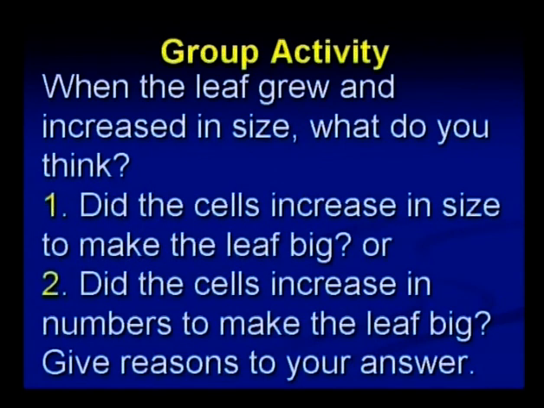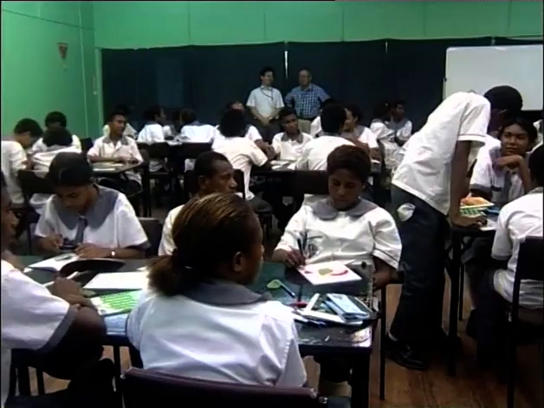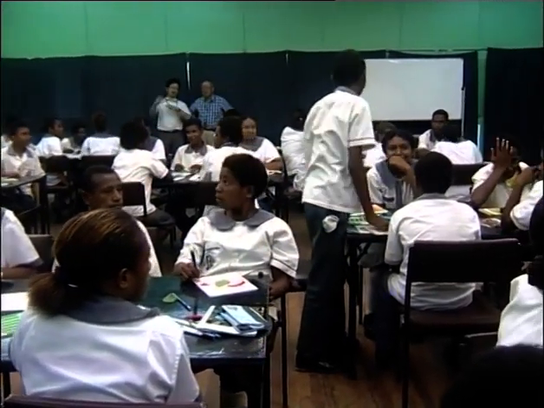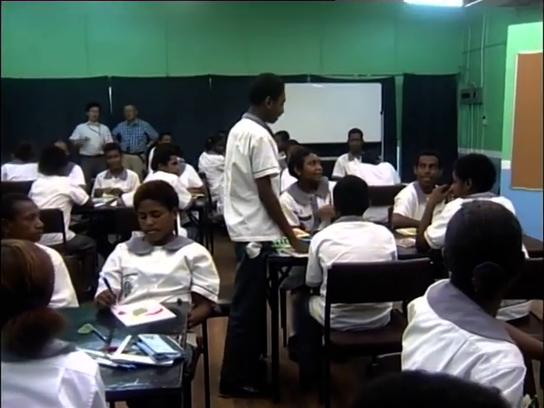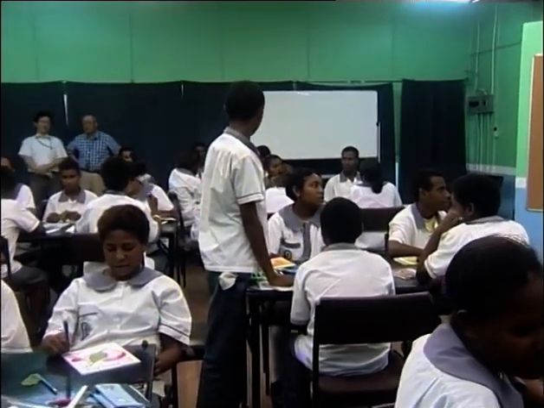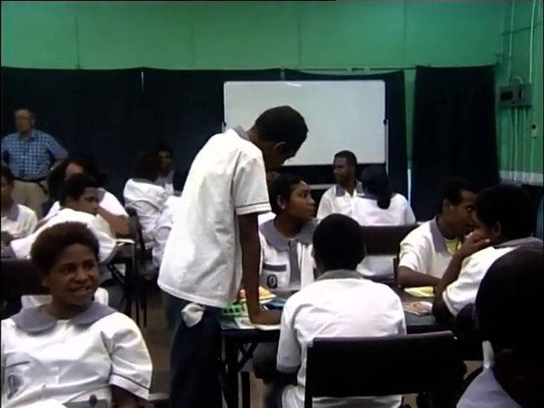Now, this is not the end. You are to give your reason why you went for the first one. So those of us who went for the first one, please, can you tell us why you agreed on the first question? I know you have a reason. That is why you went for the first one. Habi will give us his reason for the first question. Cells increased in size.